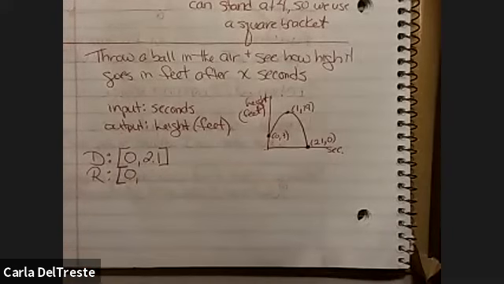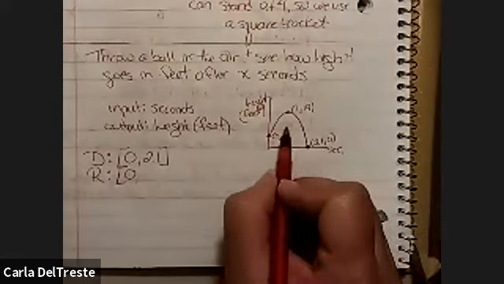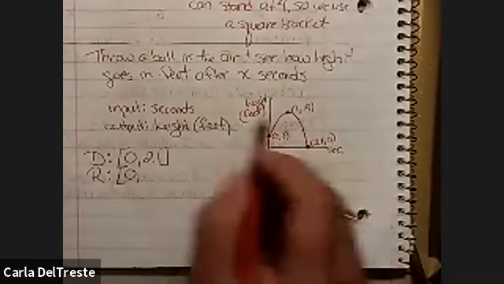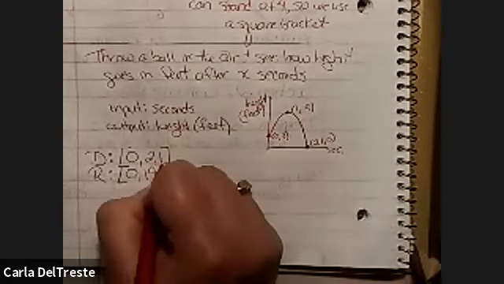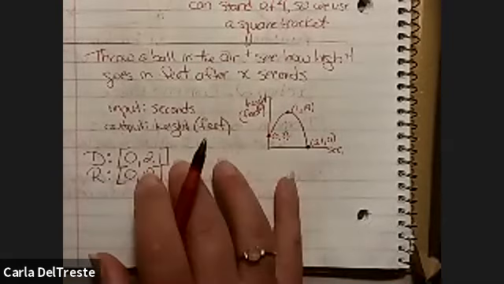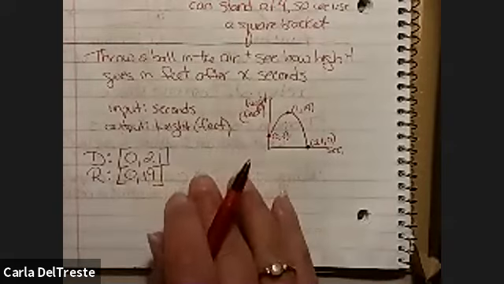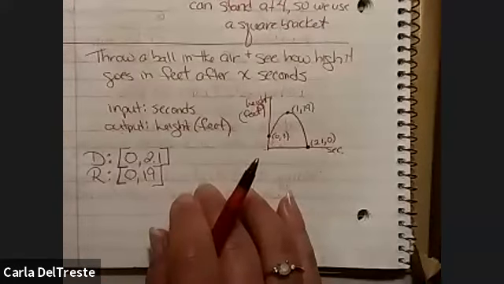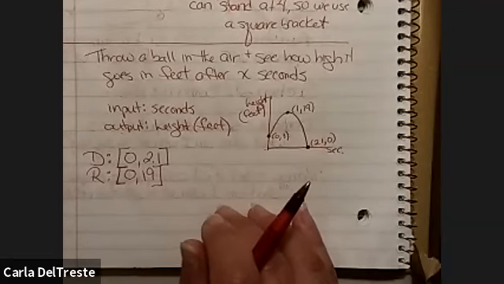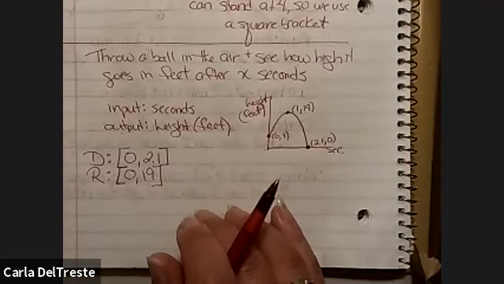And then how high does it go? Well, if I keep walking, the highest height is 19. So it's going up to 19 feet. This is what we would call practical domain and range, because it is related to a practical situation or a real life situation where you have to consider what makes sense.